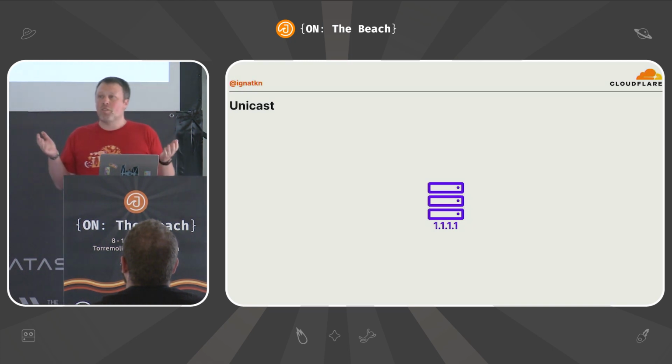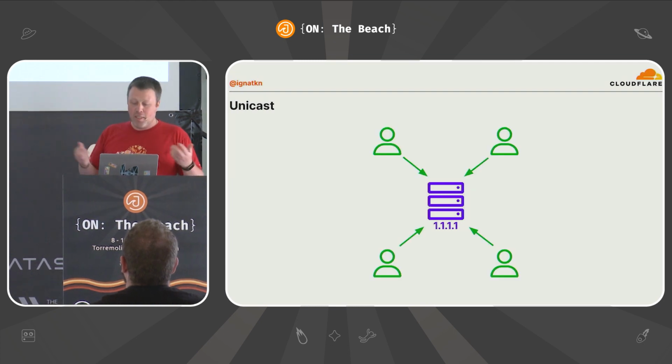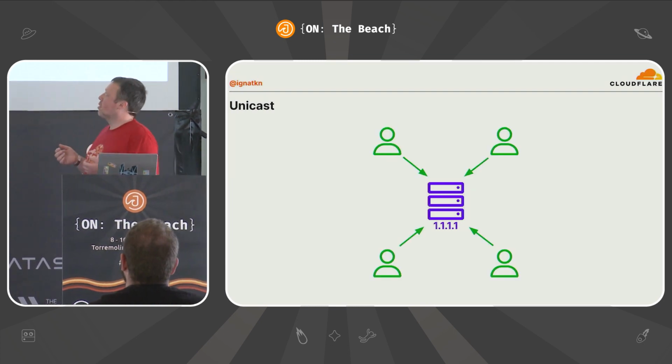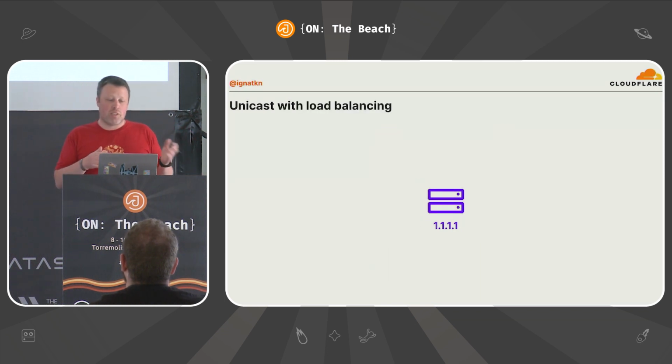Unicast. Anyone here know what unicast is? Well, it's regular internet addressing. You have a server, it has an IP address, and when users connect to your server, they type in the IP address and connect to your service, right? There is also, in the modern world when you build architectures, unicast with load balancing, but it's still unicast.